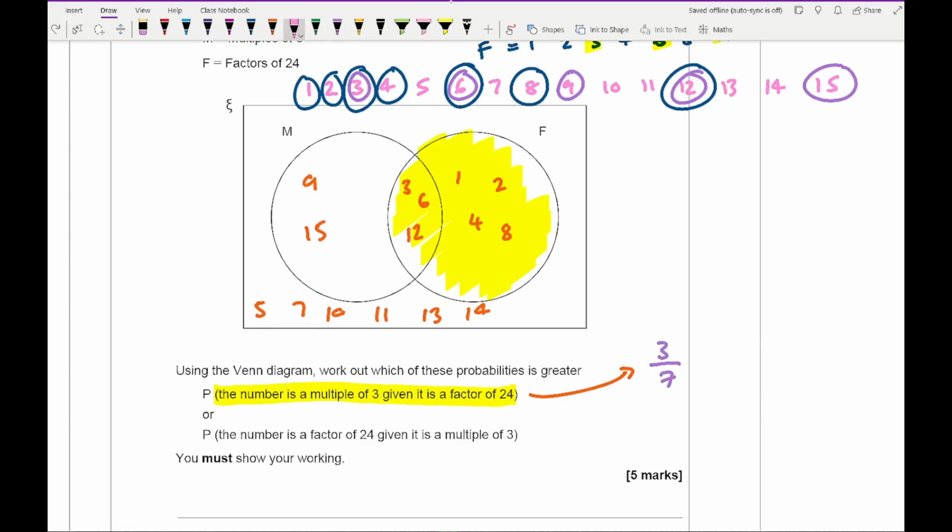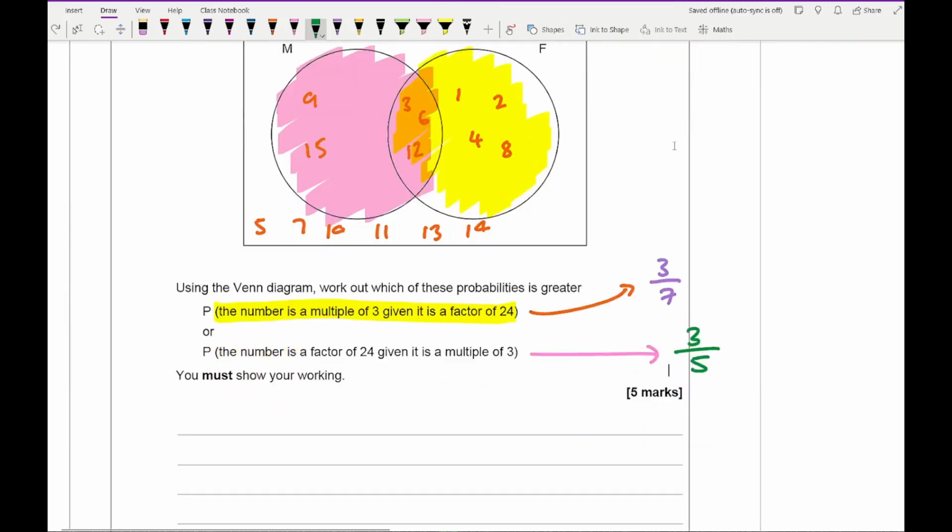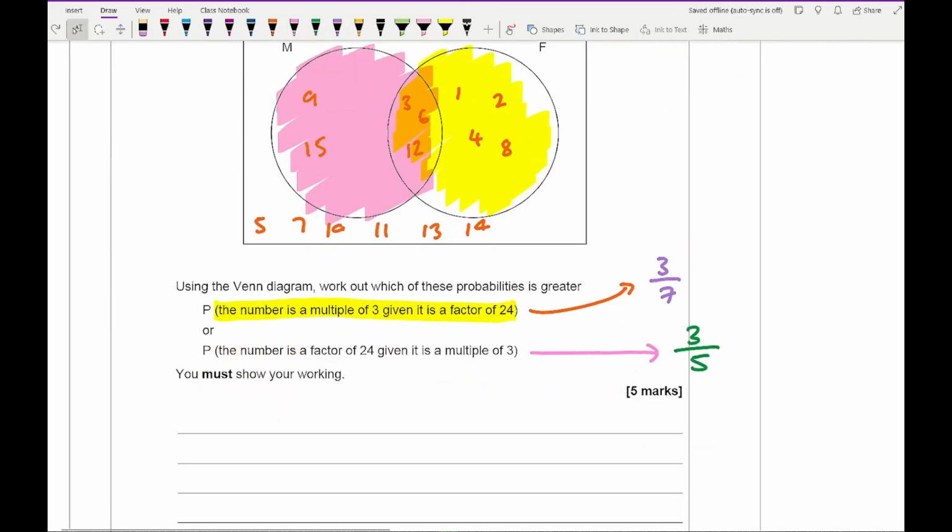Then for the next one, it says the number is a factor of 24 given it's a multiple of 3. So this is going to be using the M circle, in which you can see I've got 5 numbers in total, and how many of those are in the middle? 3. So from this, all we then need to do is compare the 2 fractions, so we can see which of those 2 probabilities is greater.